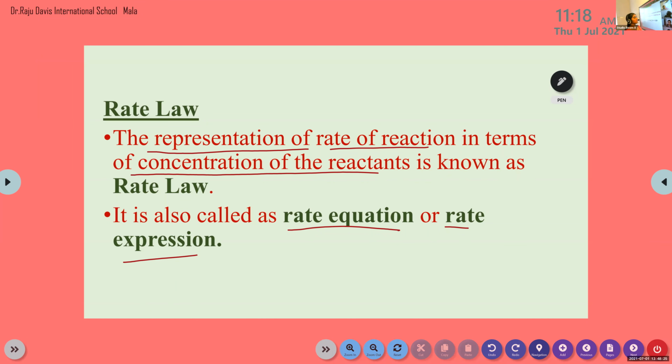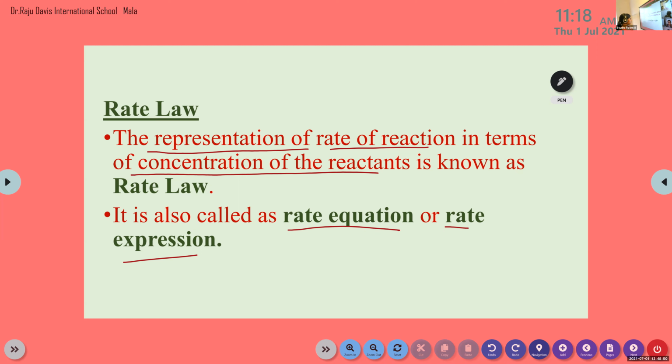What happens to the reactants during a chemical reaction? Is it increasing or decreasing? It decreases, right? So this rate law is the representation of rate of reaction in terms of concentration of the reactants.